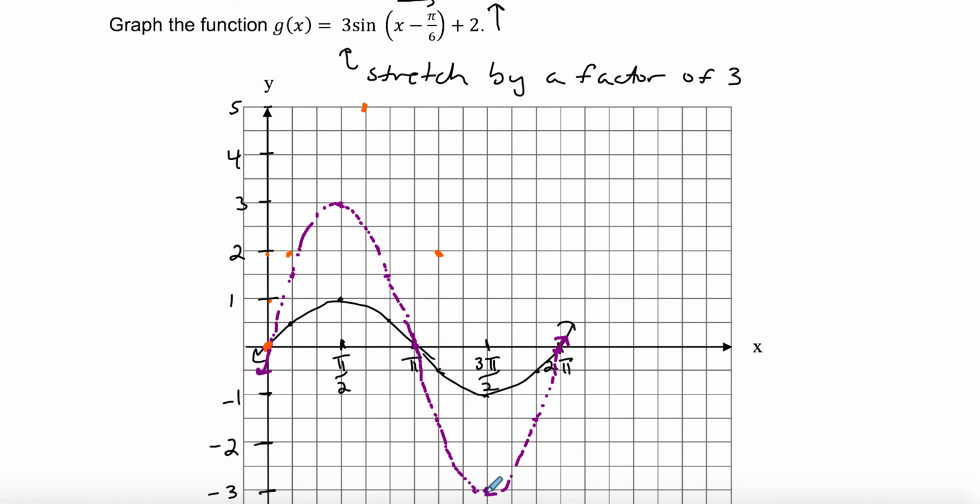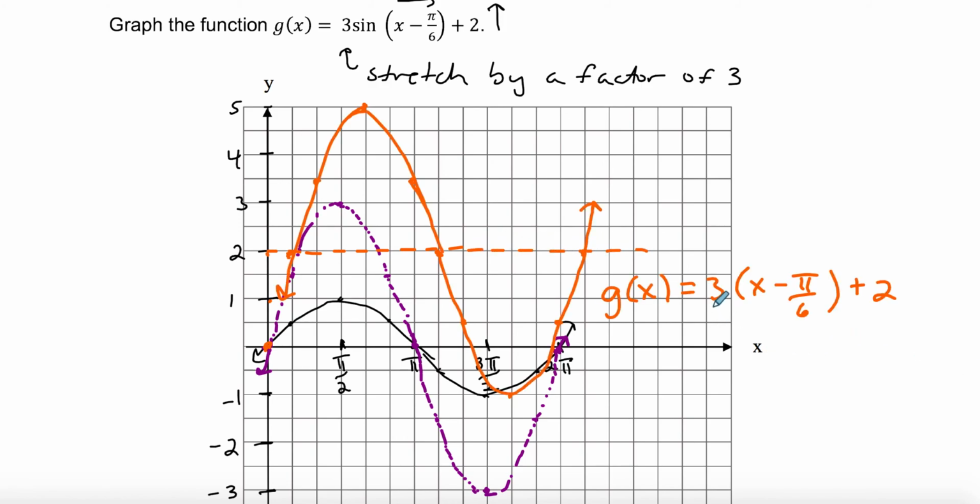This one here down at -3 is going to go 2 units up and 30 degrees to the right. And here, 2 units up and 30 degrees to the right. What that +2 also means is that this becomes our horizontal axis at y equals 2. So there's our function, g of x equals 3 times sine of x minus pi over 6 plus 2.